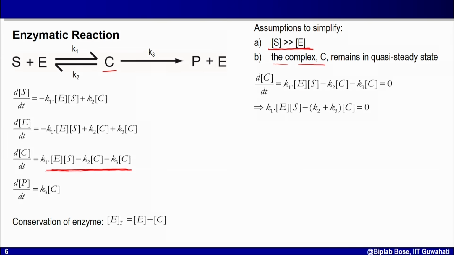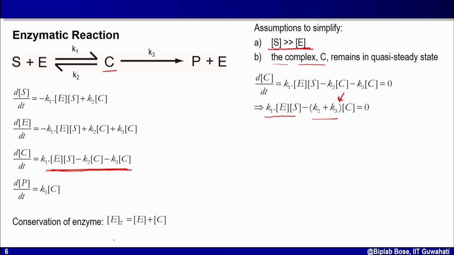So what I can do is, K2 and K3 both are associated with C, so I have taken them together. So I write the algebraic relation like this: K1 E S minus (K2 plus K3) C is equal to 0. This is very simple. Now I have assumed a conservation.